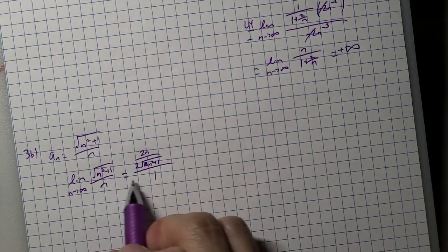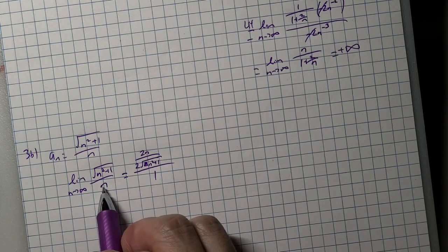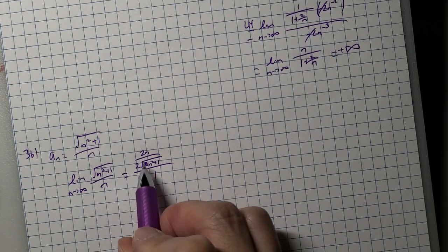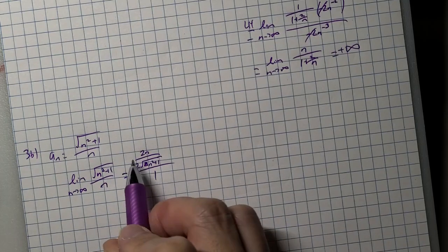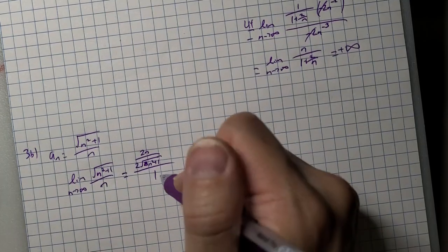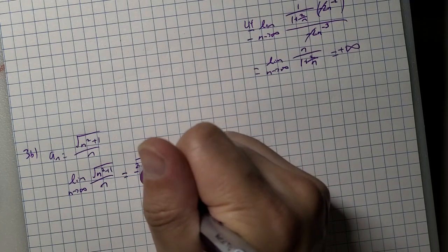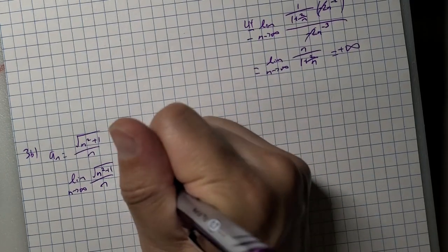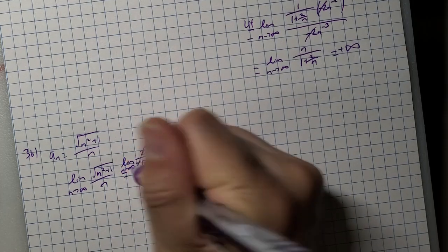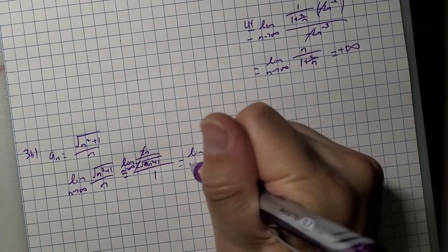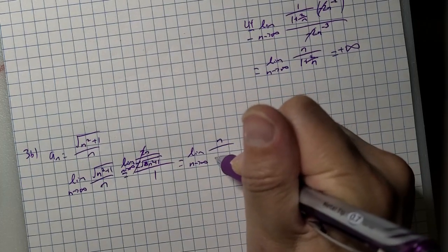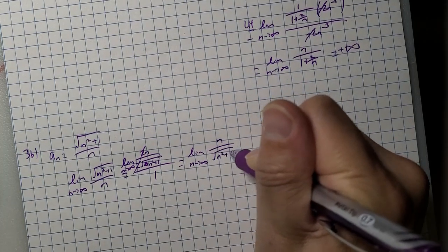So the derivative of the bottom, derivative of n, is just 1. Derivative of the top, the square root is 1 over 2 root of n squared plus 1 times the derivative inside, which is 2n. Okay? These 2's would cancel. Oh, forgot my limit notation. Don't forget that. Limit as n goes to infinity. So we're left with n over square root of n squared plus 1.